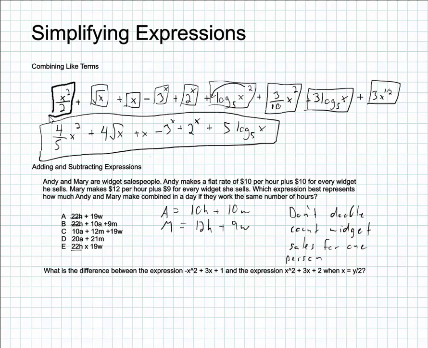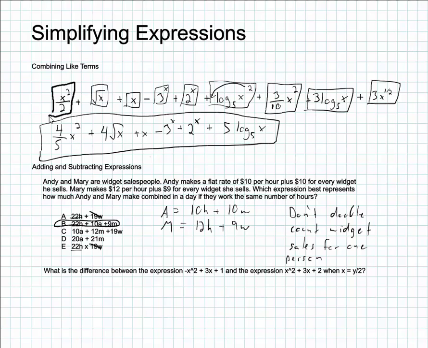So this is automatically out then, so no. Alright, so now I guess this one's out too because we don't want to combine them. So that just leaves us with B. So 22h plus 10A, I guess they're using A to represent sales for Andy, because he does $10 per widget, and 9M, and M, I guess, for Mary. So this would be more accurate. So B is going to be our answer.